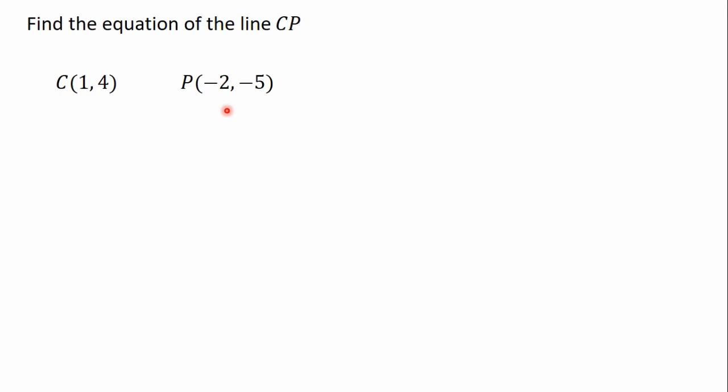We learned how to find the equation of a line joining two points in the videos on straight lines. So we are going to apply what we learned in the videos on straight lines here. We know that to find the equation of a line joining two points, the first thing we need to do is to find the gradient of the line.